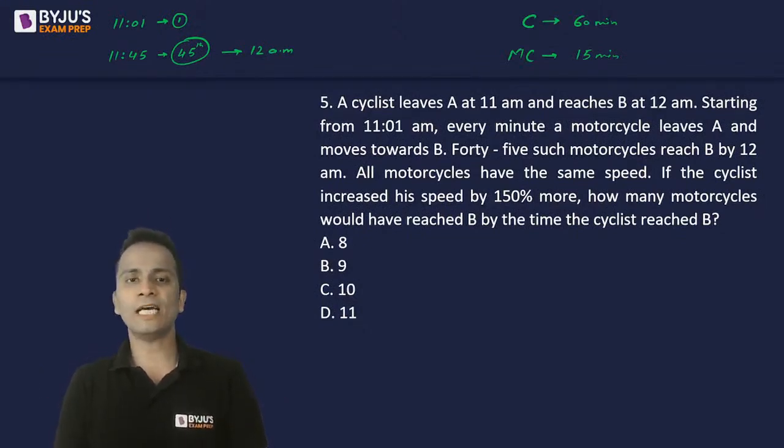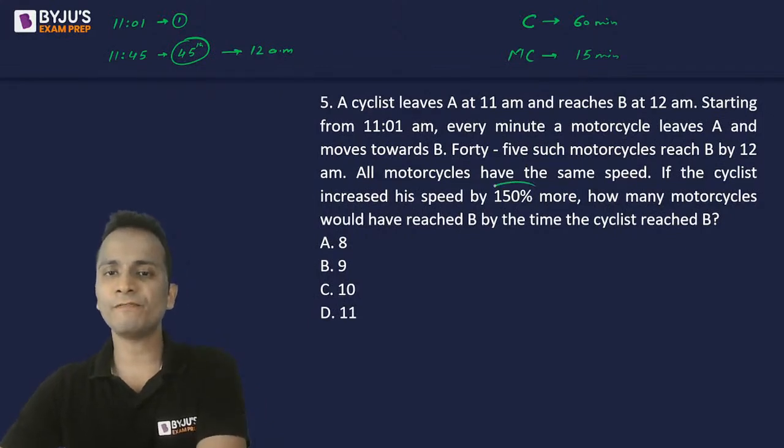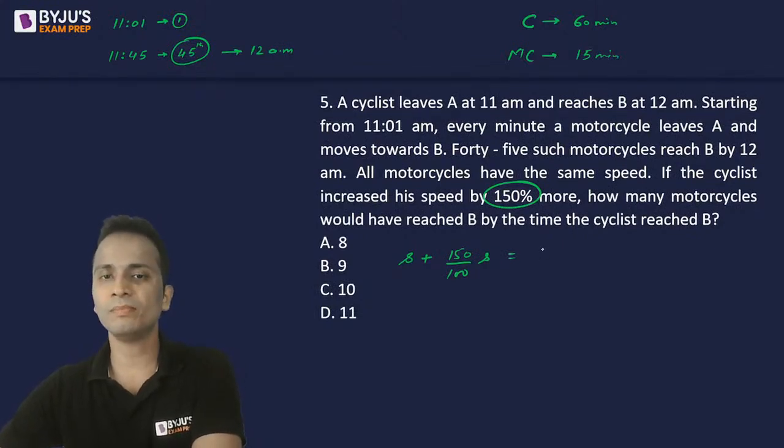Now next they are saying that if the cyclist increases his speed by 150 percent. So let's say the speed of the cyclist was S, and he has increased the speed by 150 percent, 150% of S. So the new speed of the cyclist will become 250 upon 100 S. That means 5 upon 2 S. Okay.